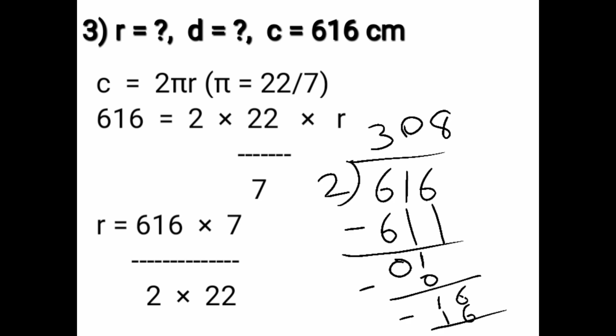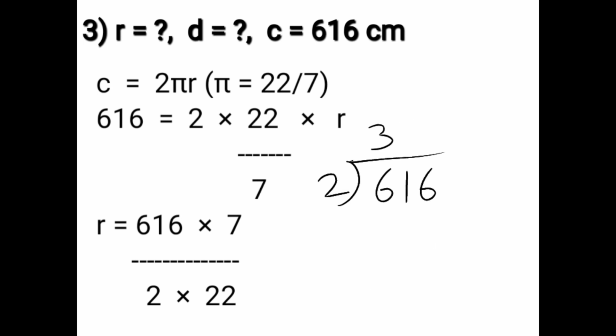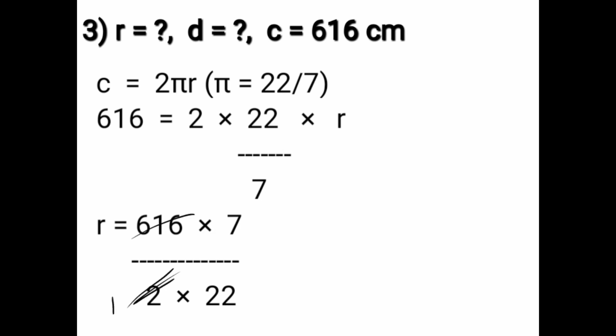So remainder is getting 0. So answer is getting 308. Quotient. Okay, look here, quotient I am getting 308.